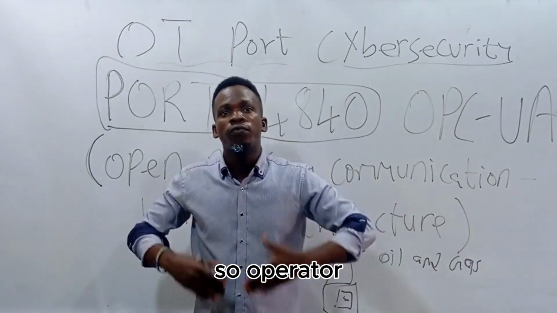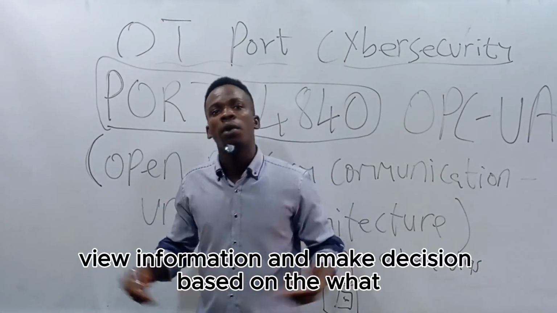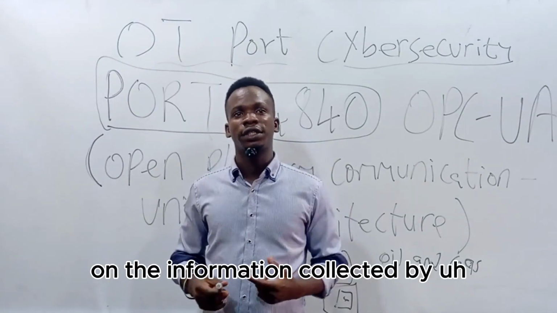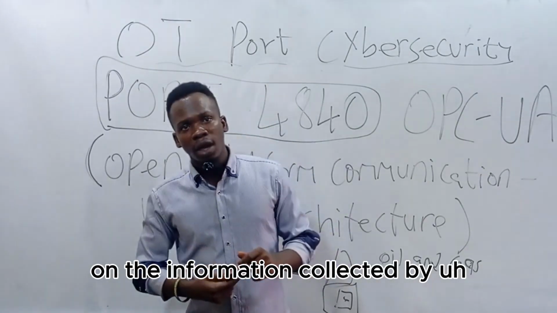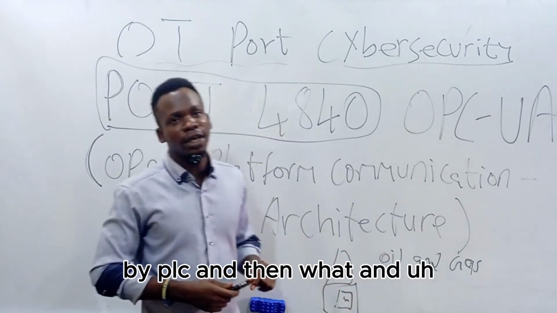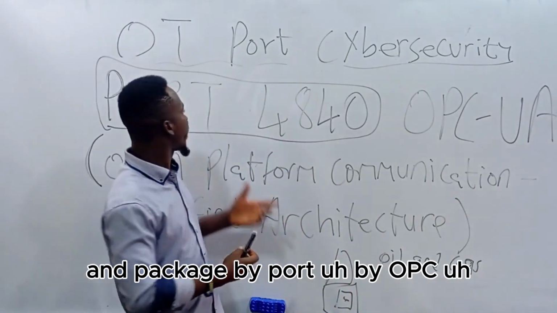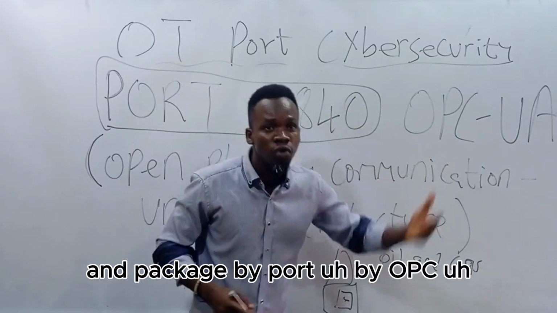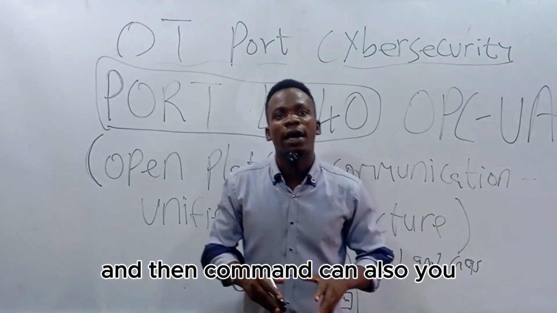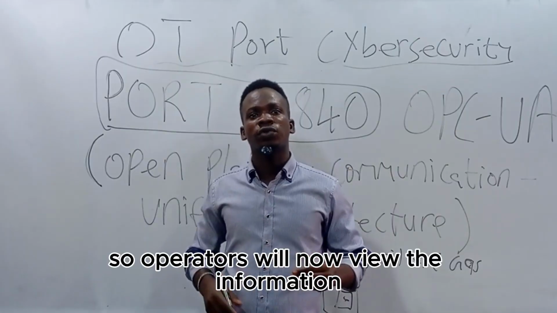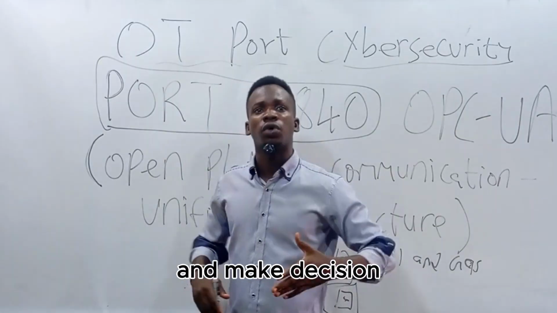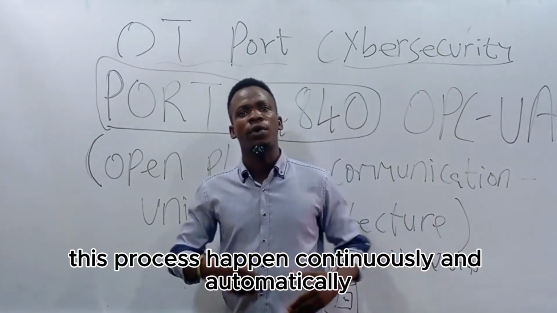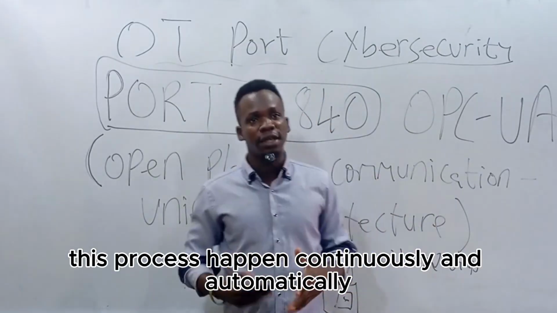Operators view the information collected by the PLC and packaged by OPC UA, and make decisions. Commands can also be sent back safely. This process happens continuously and automatically.